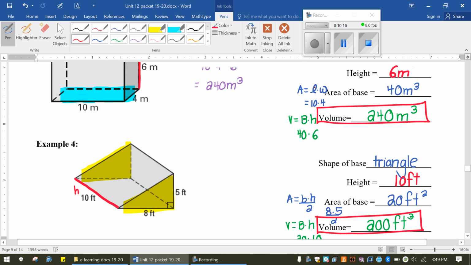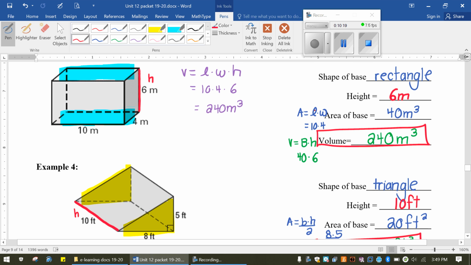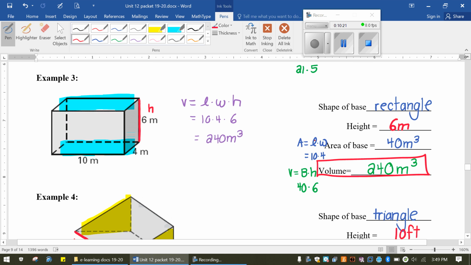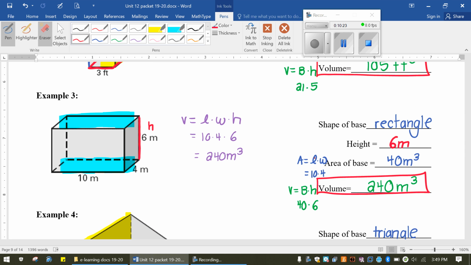If we move up to number 3, I see a little error on number 3 that I want to correct. The area of that rectangular base should have a square on it. Just be careful that you don't do that too. So example number 3 has a rectangle base, so we call that a rectangular prism.